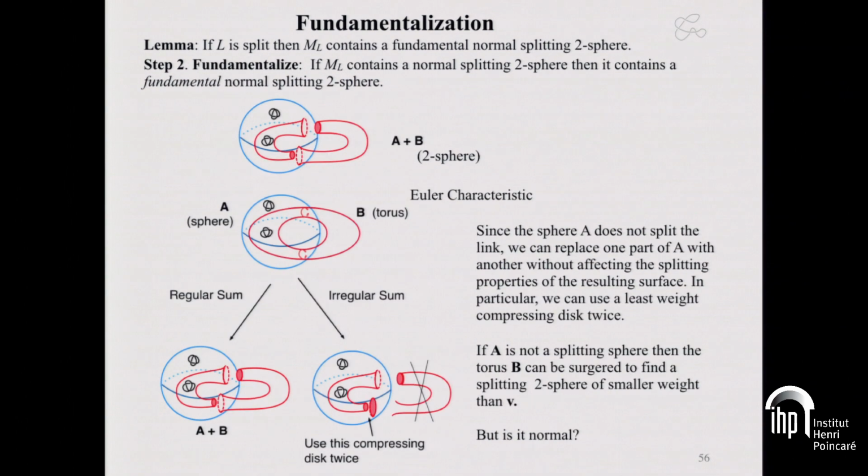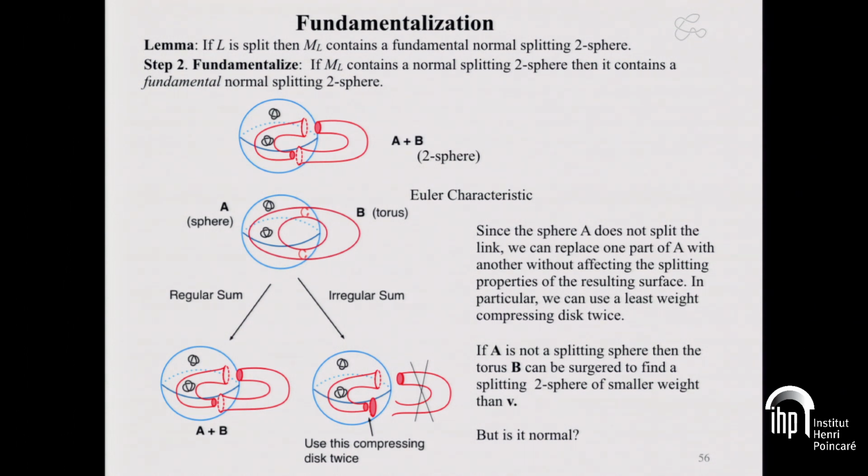Let me show you a picture of what it must look like. The picture at the top is what A plus B must look like. If you look at that picture, then A plus B does separate the two components, but the blue two-sphere does not separate them. And the torus does separate them, but a torus is no good.